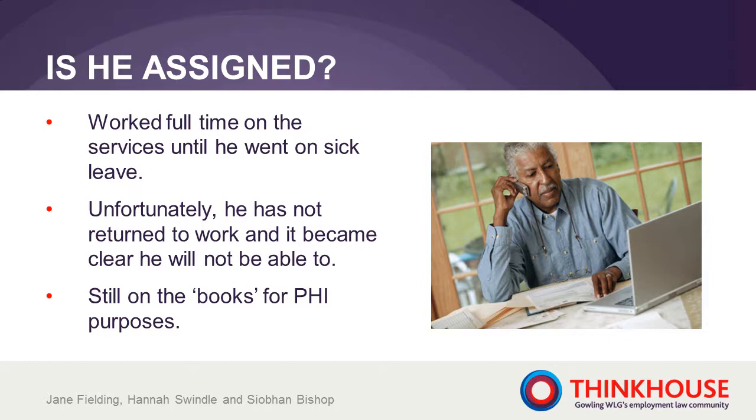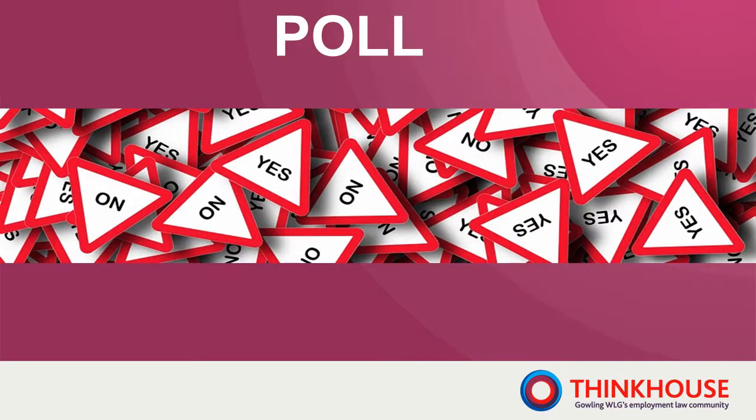Of course, those of you who may have come across this case will be at an advantage compared to those who haven't, because again this is based on a real case. Right, we'll reveal the results, which show again a majority of 56% believe that this individual is assigned, with the rest saying no. So Jane, what happened?